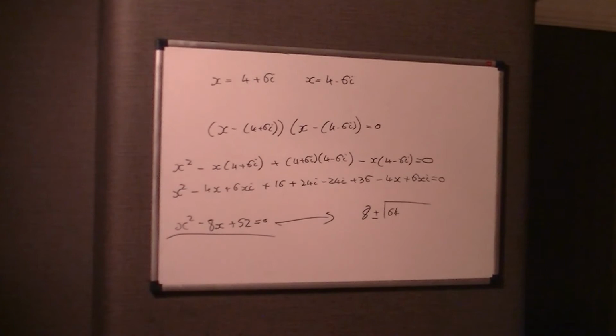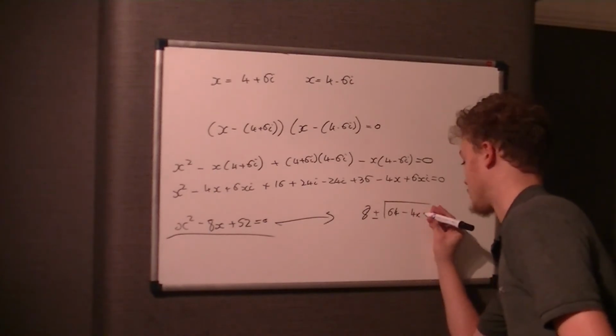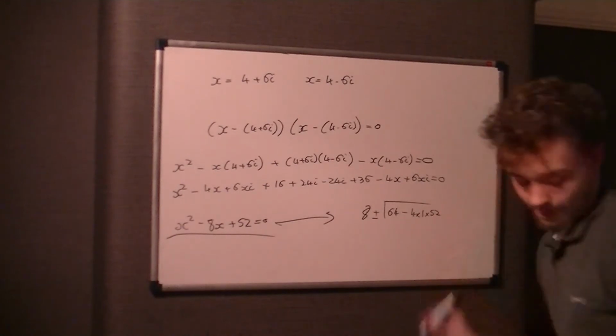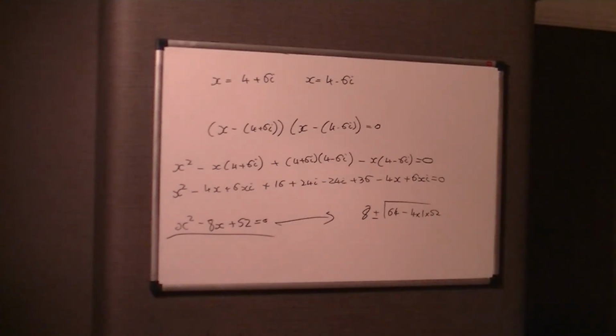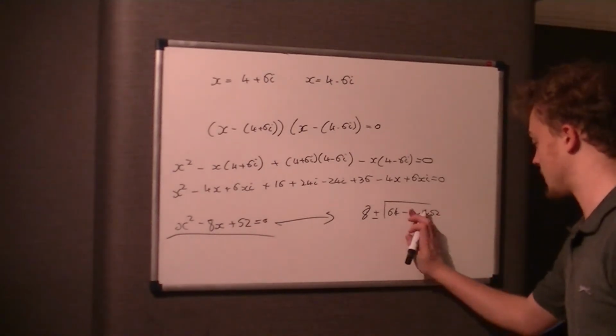Sorry, I want to make sure I'm not going completely insane, but no, that's correct. Take 4 times a times c, so take 4 times 1 times 52. So it's the square root of 64 take 208.